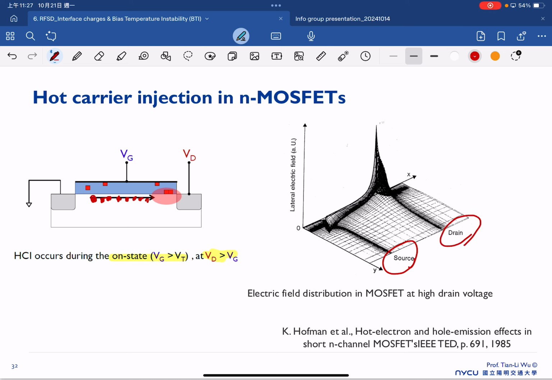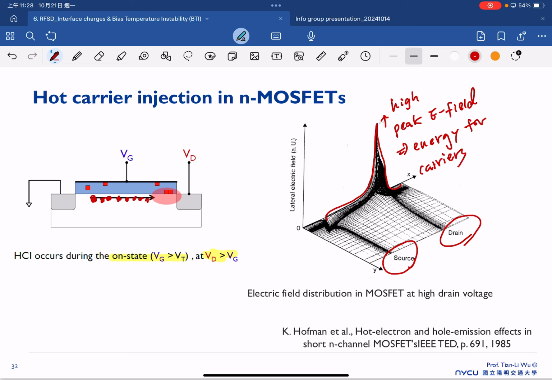So we can see in this case we have the high peak electric field in the drain edge here. So this is a high peak E field, and therefore this will give huge energy to the carrier here.